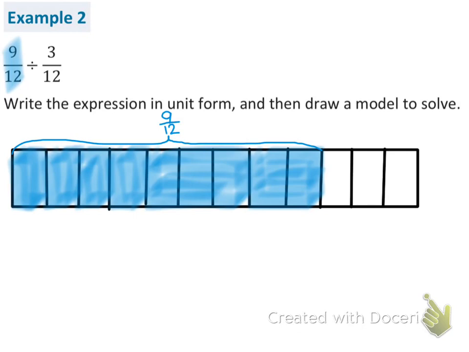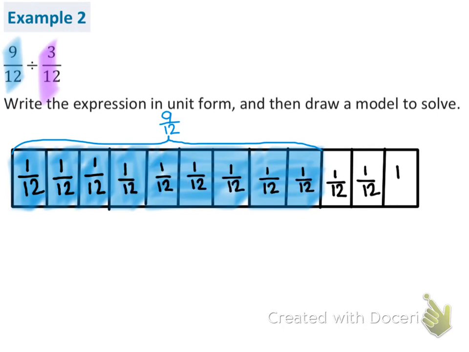Now I know that every unit has the value of 1/12. So before I can show you 3/12, every unit has the value of 1/12. So I'm looking for 3/12. So if I add 1/12 plus 1/12 plus 1/12, I get 3/12.